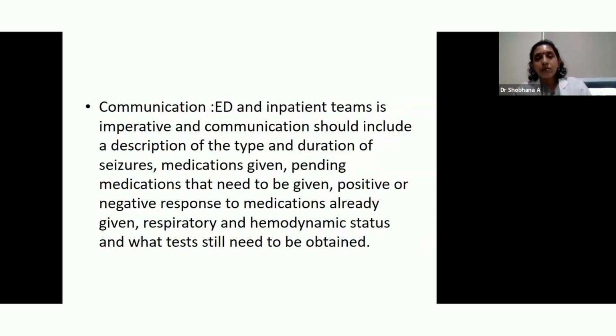If you are working in the emergency department or the intensive care unit, the communication between these two departments has to be very strong.